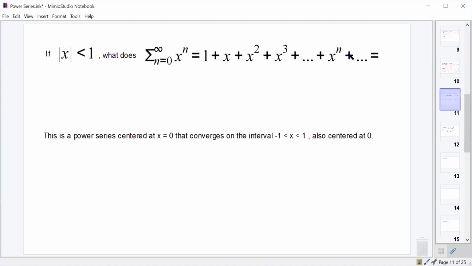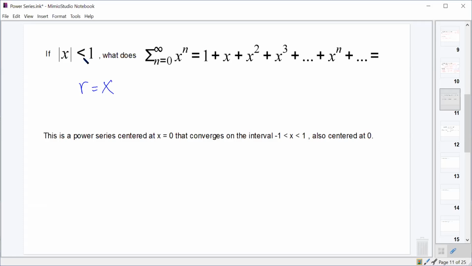And this is clearly a geometric series. True? Did you all agree with that? The common ratio between the terms is? X, exactly.